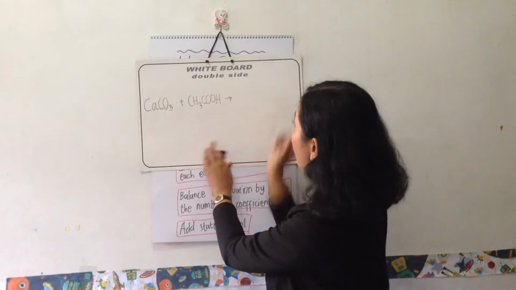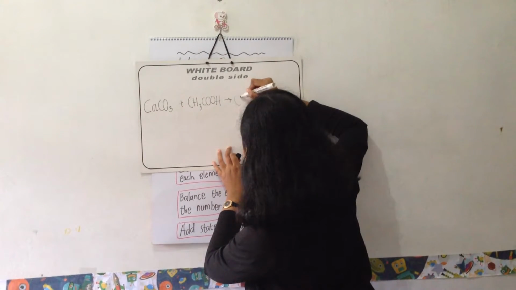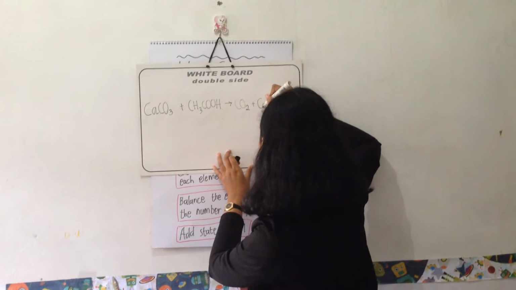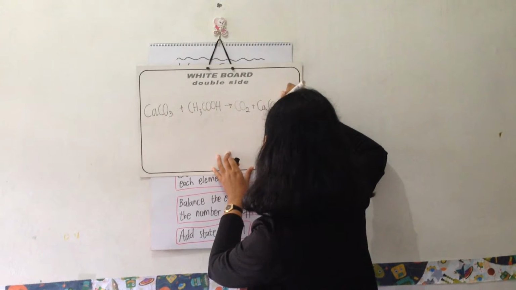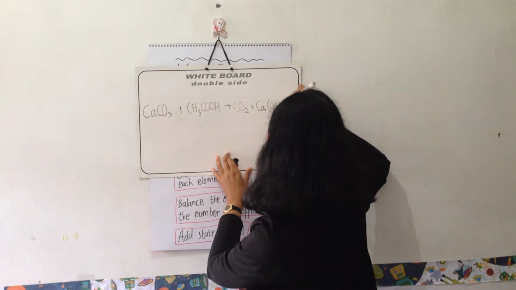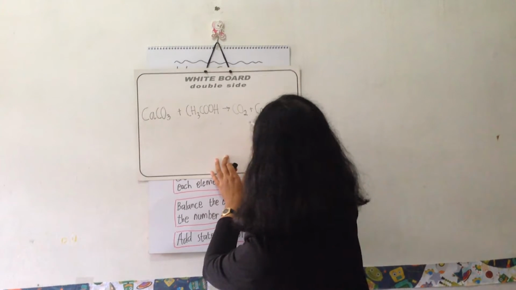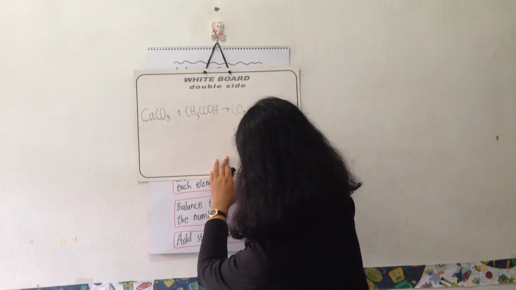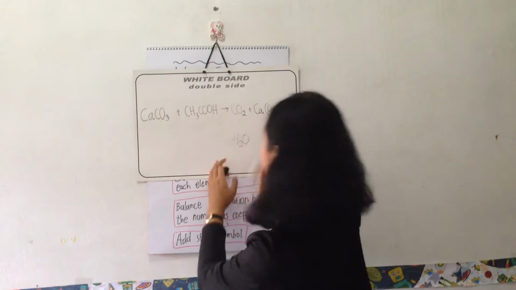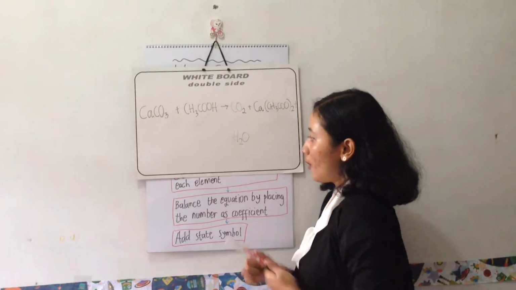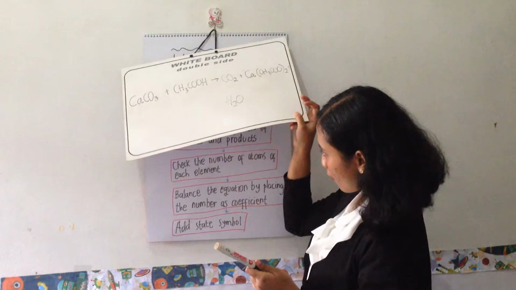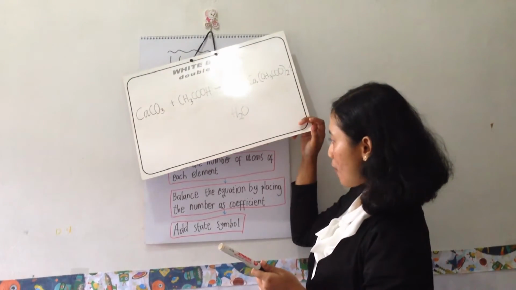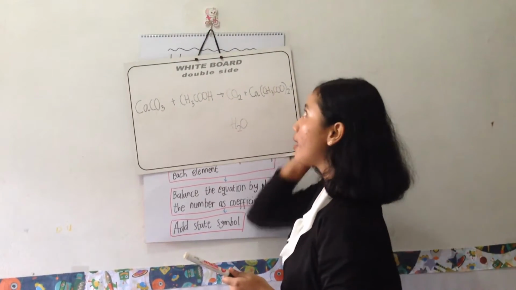They react to form CO2 gas, and then calcium acetate, and then water. So, first step, write the chemical formula already, yeah? And then check the number of atoms of element.